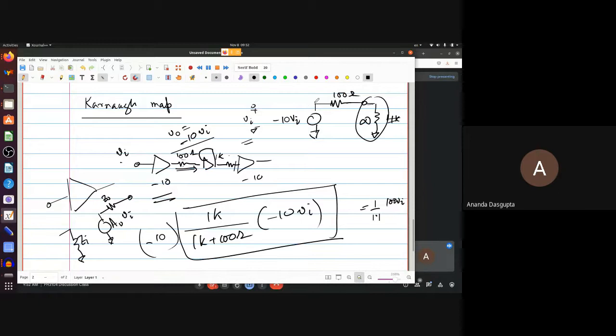So all the voltage, minus 10 VI, will be dropped across the input of the unity gain buffer. And then the output of the unity gain buffer will be exactly minus 10 VI. Okay? Whatever you had, minus 10 VI on this side, the minus 10 VI goes on the other side. No current flows into the unity gain buffer, so no drop happens across the impedance of 100 ohms.